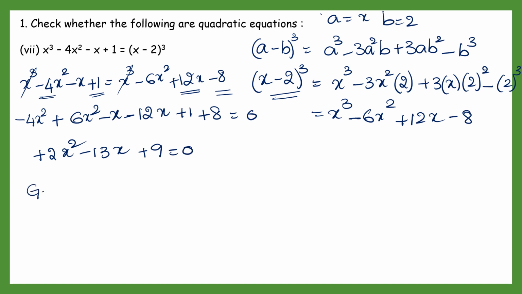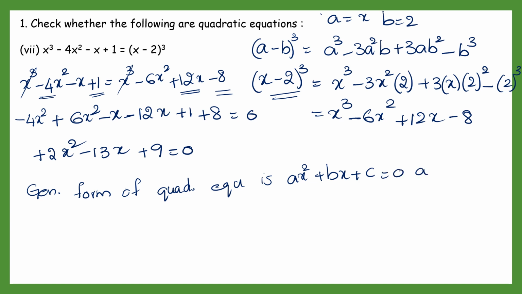Now we have solved, so let's compare with the general form of a quadratic equation. General form of a quadratic equation is ax square plus bx plus c is equal to 0. The condition is a should not be equal to 0. If you compare, we got a is equal to 2, b is equal to minus 13, c is equal to 9.